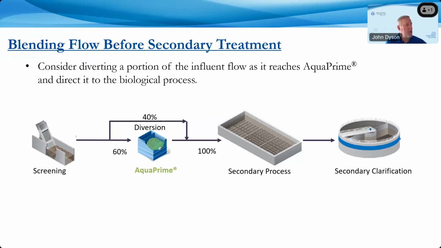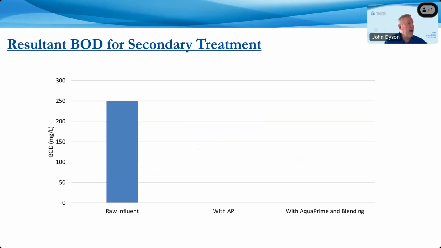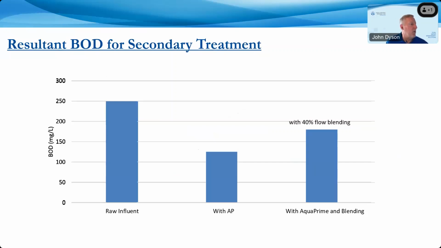So you get a much smaller primary treatment system, but you get your ideal condition. That's an option. So, how does that work mathematically? Say you have 250 influent, we're getting that BOD down to 125. You wanted it about 175. You would just look at that ratio to create that optimal influent condition.